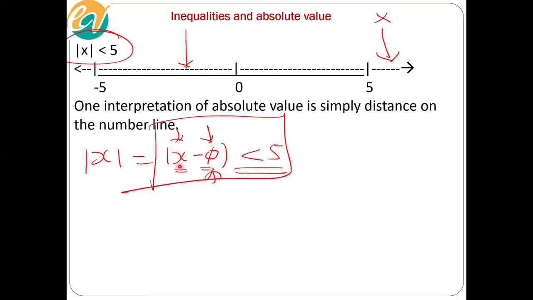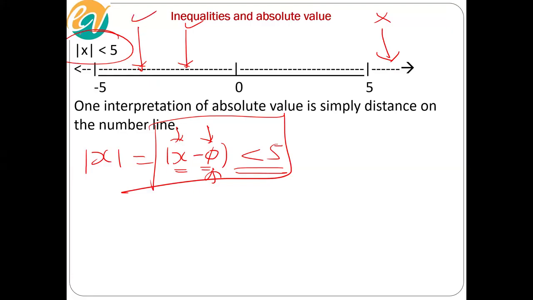Yes. So what does absolute value indicate? Distance of x from 0. Correct? So if x is this, then the distance of x from 0, do you agree, is lesser than 5 units? So possible. Can x be this? Absolutely.